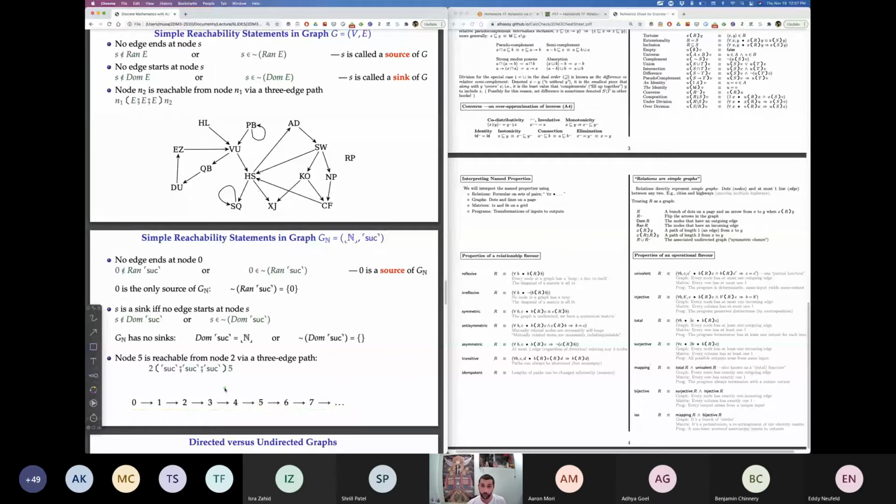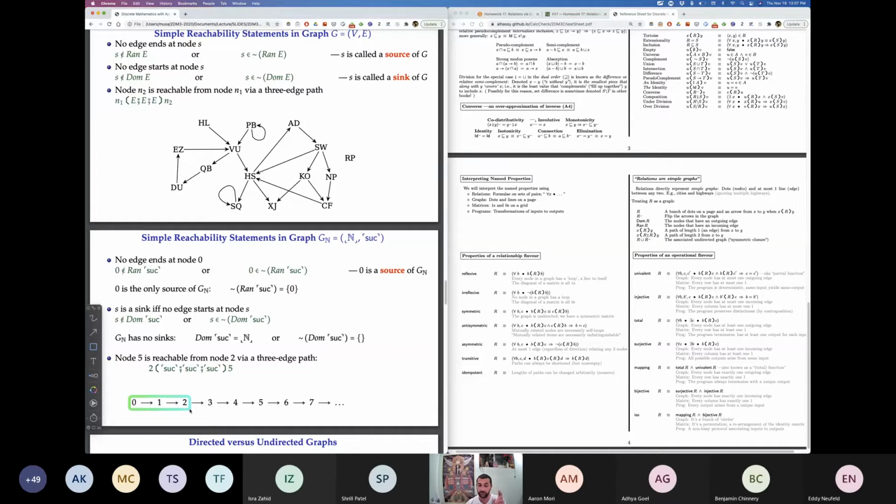Notice there are no self loops because 0 is not the successor of 0. And this is also not transitive, because I have a length 2 path right here. 2 is reachable from 0 by going one step and then another.